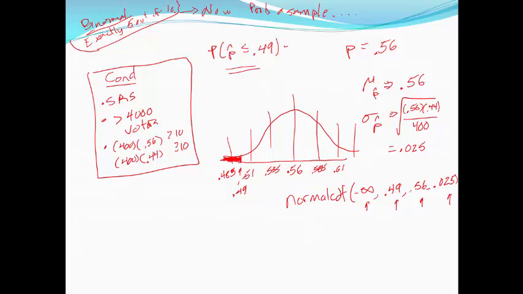And what we end up finding is the probability. So now we'll go back up and we'll fill this in. That normal CDF gives us a probability of 0.0026, so it's not very likely, right?